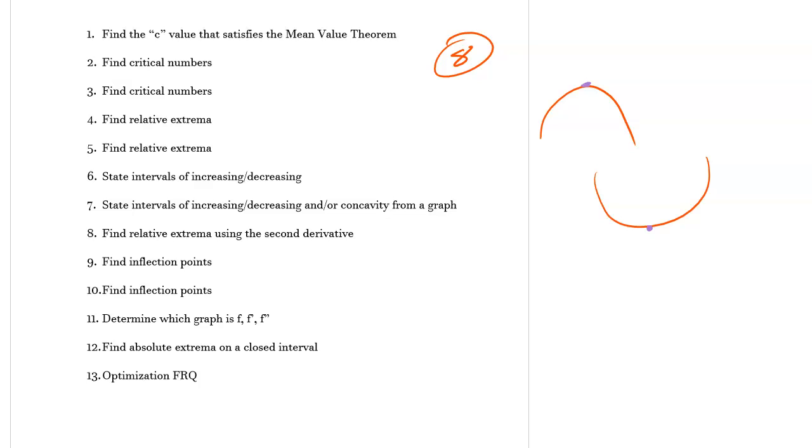Oh, okay. That's very good. Those would be critical numbers because they have a slope of 0. And because they are critical numbers, then exactly what you just said, this one would be a relative max. This one would be a relative min.